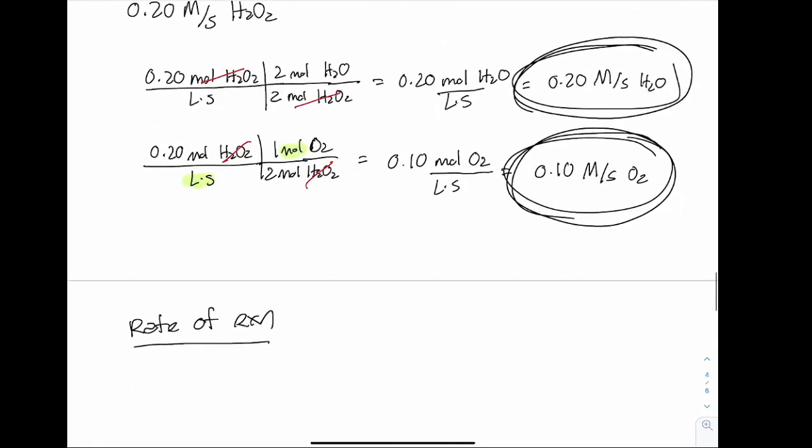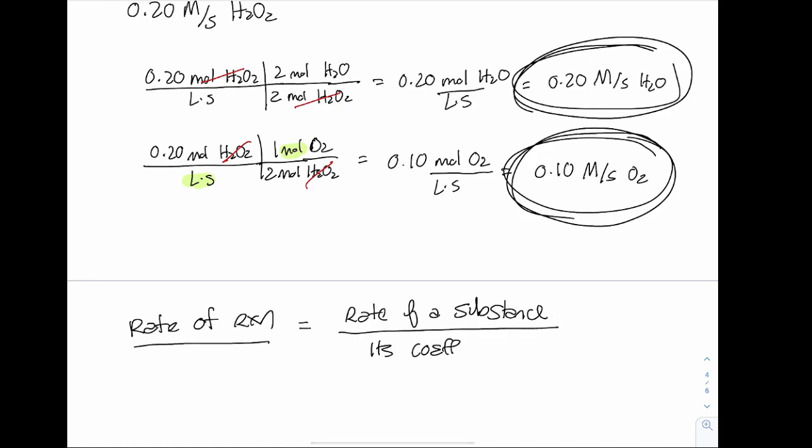So the rate of the reaction is going to be equal to the rate of a particular substance, so one of the species in the balanced chemical equation, and it doesn't matter which one you use, divided by its coefficient. So whatever substance you pick in the numerator, use its coefficient in the denominator.